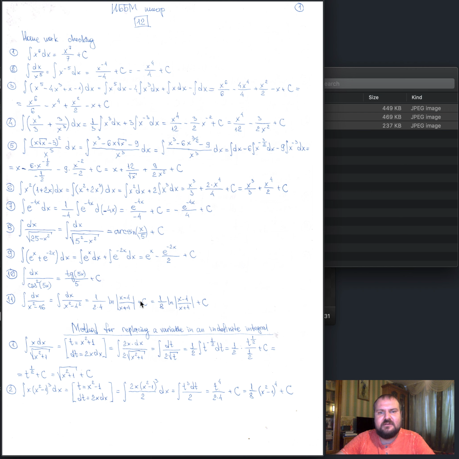So the final answer would be 1 divided by 8, logarithm of the absolute value of the fraction x minus 4 divided by x plus 4, plus a constant.